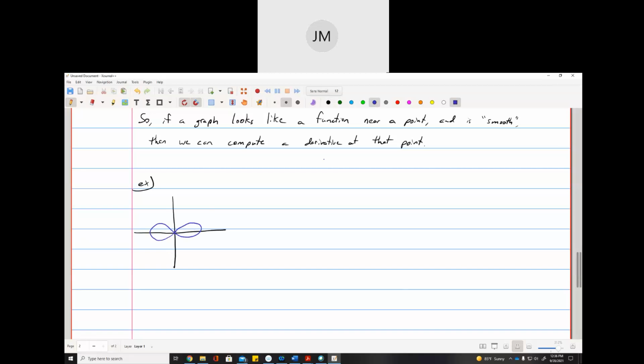All right. So we're going to illustrate 3 points: a point A, a point B, and a point C. At A, we can compute a derivative.